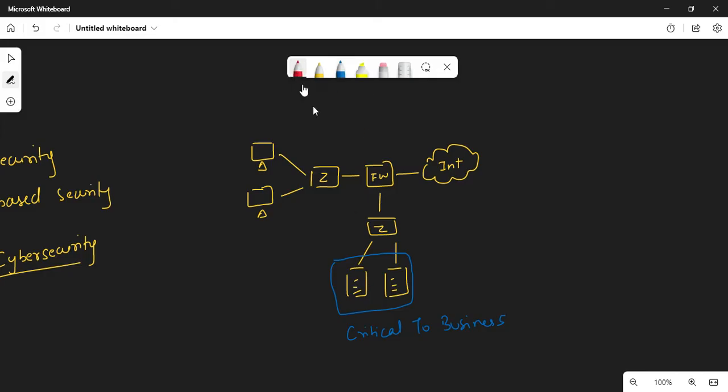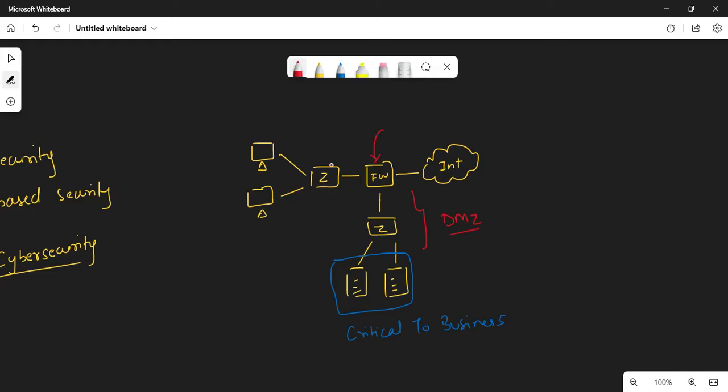Although you have applied perimeter security with the help of the next generation firewall, or you have one legacy or stateful firewall, and then you place a next generation firewall in your DMZ zone, which is public facing, to apply the security. But still, you cannot take any risk on these machines getting compromised because it will mean business loss. These two servers are critical to the business.